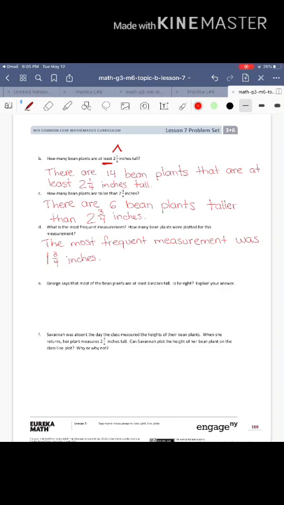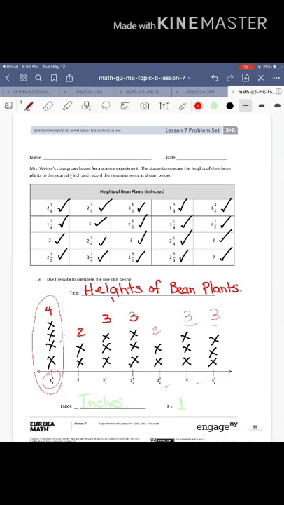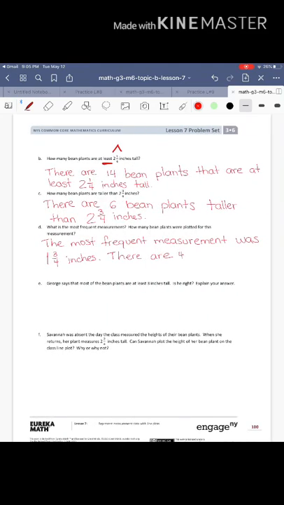And how many bean plants? There are 4 bean plants. Period. Okay, let's go to the next.